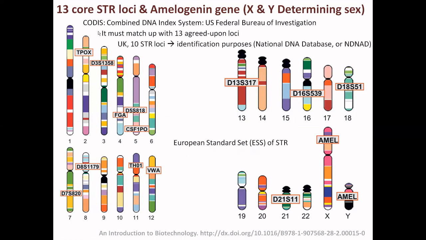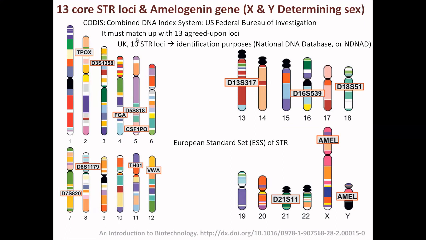So CODIS is the Combined DNA Index System. It is maintained by the US Federal Bureau of Investigation. And in the US, according to the legal system, all the 13 agreed loci present here and the Amelogenin have to be matched in identifying an individual.